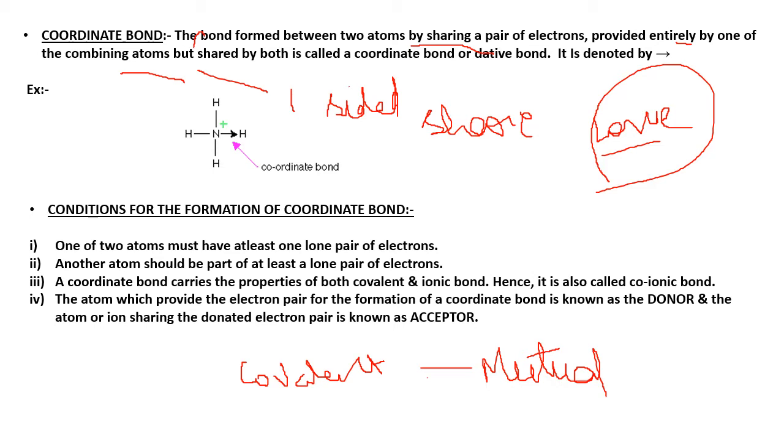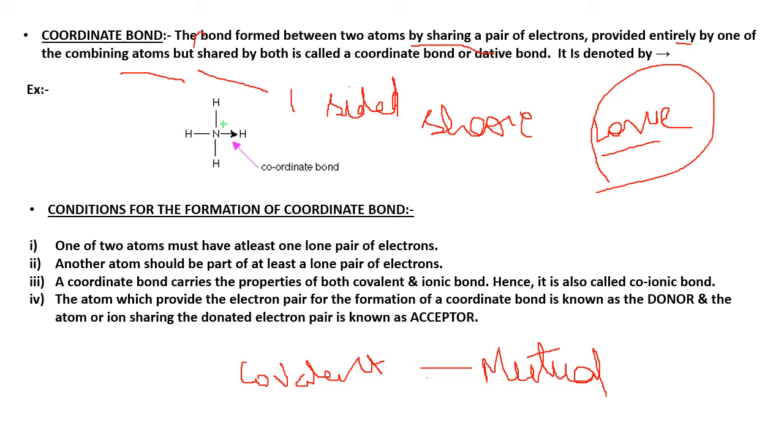The valence electrons which do not participate in the bond formation are known as lone pair of electrons.